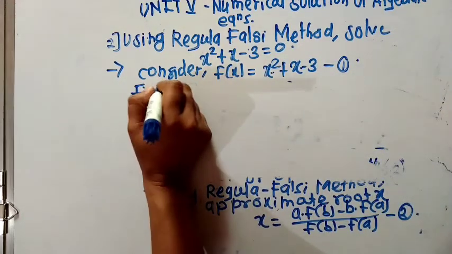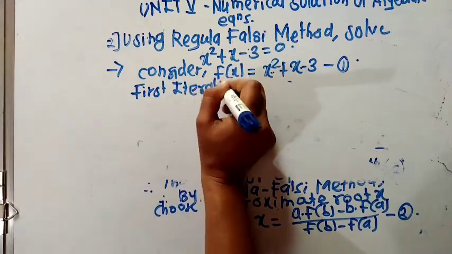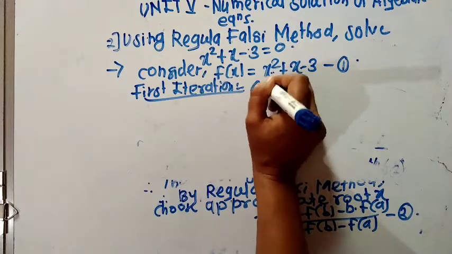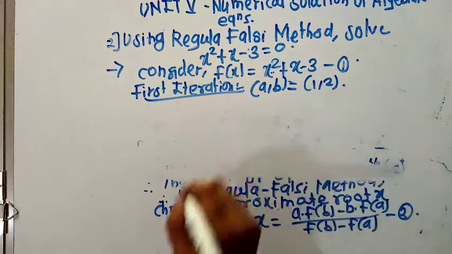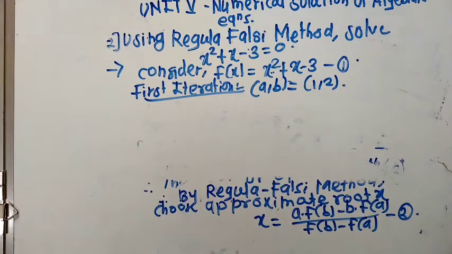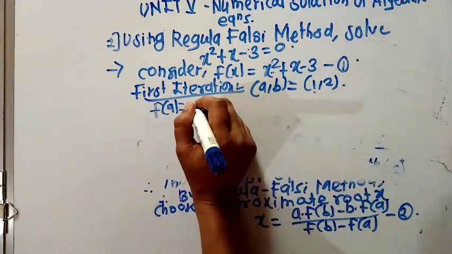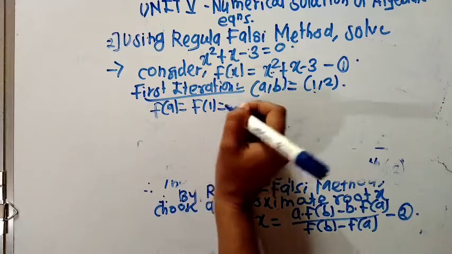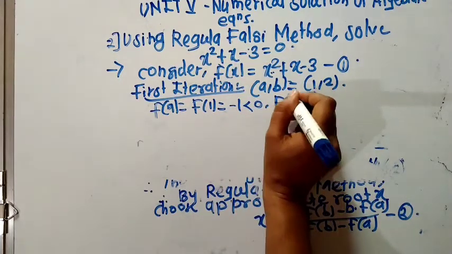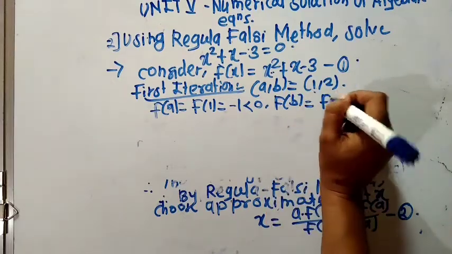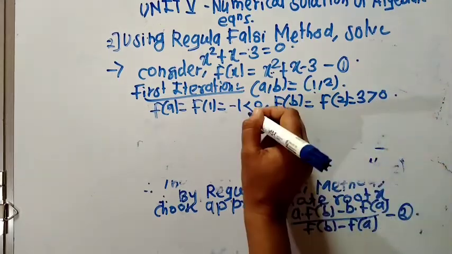So here, first iteration: a, b is equal to 1, 2, and f of a is equal to f of 1, which is minus 1, less than 0, and f of b is equal to f of 2, which is 3, greater than 0.